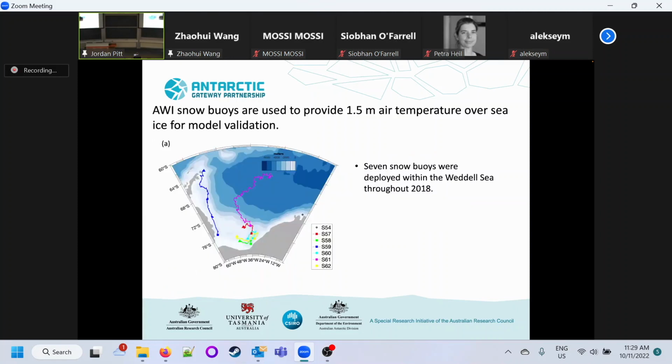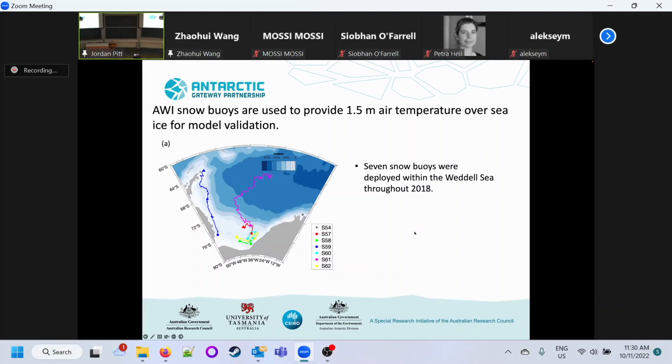Okay, the first thing we need to do is to ensure our model is accurate enough for this research. As we are interested in the CS region, here we use R/V snow buoys that measure the near surface temperature, namely the 1.5 meter air temperature, to do a validation.